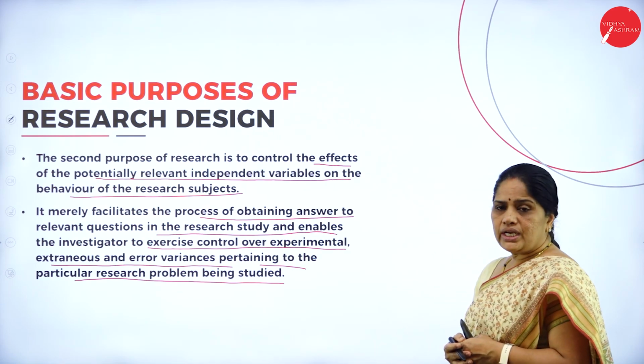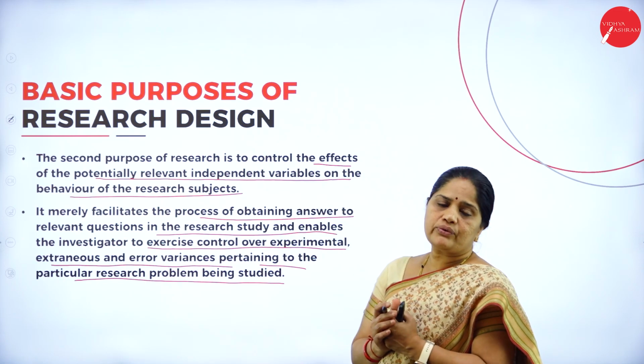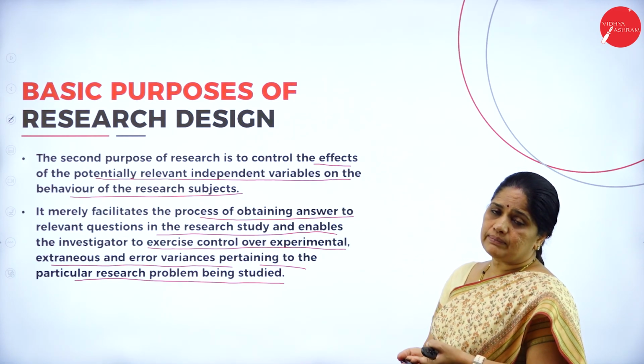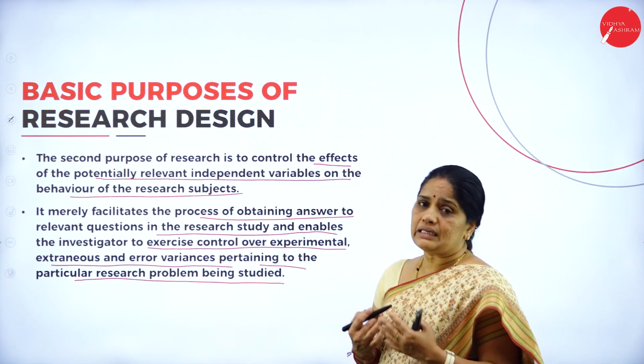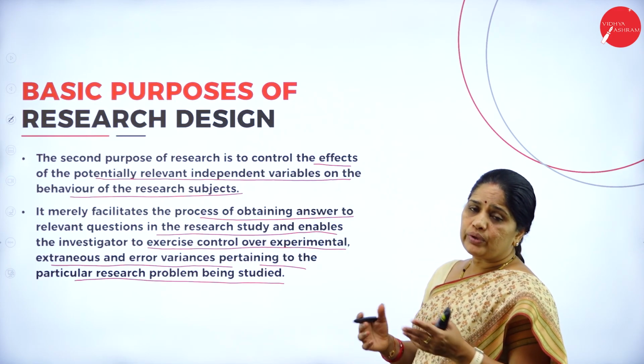So the researcher, in the process of obtaining the answers to the relevant questions, how can he collect information relating to the subject? So he has to go and visit all the people. He has to consult all the doctors who will have the patients.